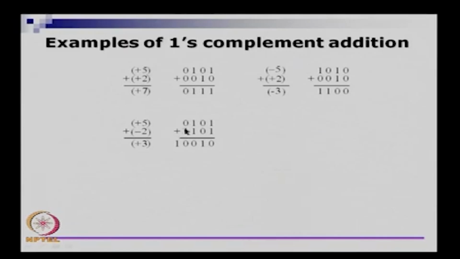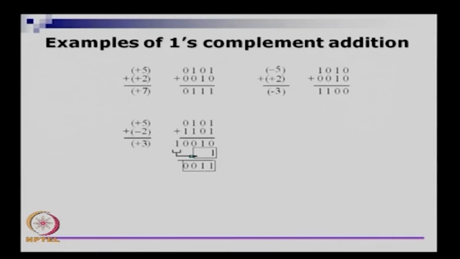When we add these two, we are generating some carry outside. We take this carry and add it to the last stage, and that results in 0 0 1 1. So, we know that plus 5 added to minus 2 is plus 3.